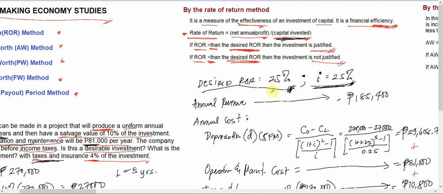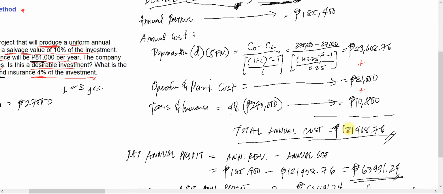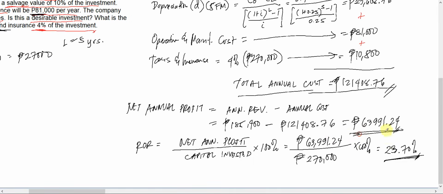Ayan. So, syempre, sasabihin natin na this investment is not justified kasi less than desired rate of return yan. Kahit sabihin natin na kumikita ka ng 63,900 plus every year, hindi yan enough kasi ang kailangan mo dapat 25% yung rate of return.